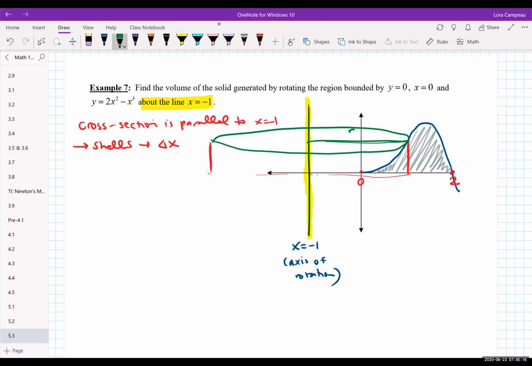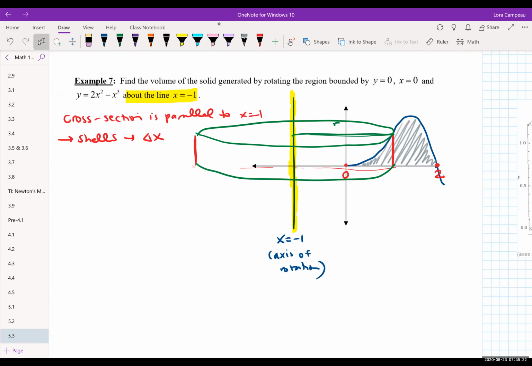Here we go. We notice that when we make the shell, it kind of looks like a disc, but we know there's a hole in the middle, and we know we're using shells because we are rotating our cross section parallel to the axis of rotation. It also gives us a heads up that our height is a vertical distance and our radius is a horizontal distance, which is nice to play with.